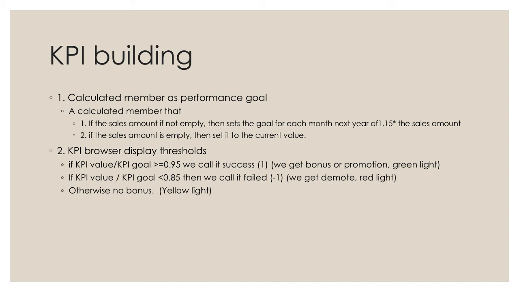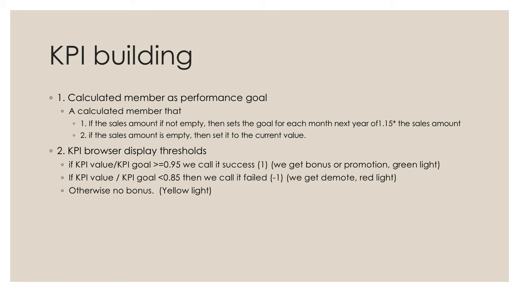In here, as an example, I said I should have a calculated member as performance goal. If the sales amount is not empty, then set the goal for each month next year to 1.15 times the sales amount. If the sales amount is empty, then set it to the current value. That's the most important part. The second part is how you display the threshold.